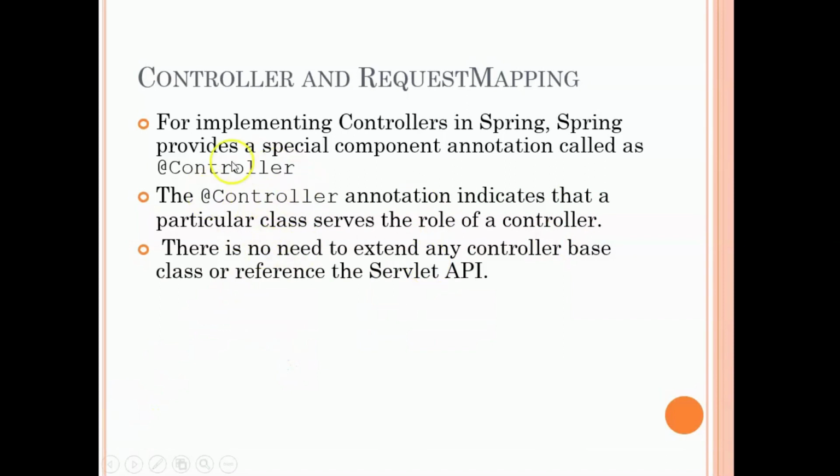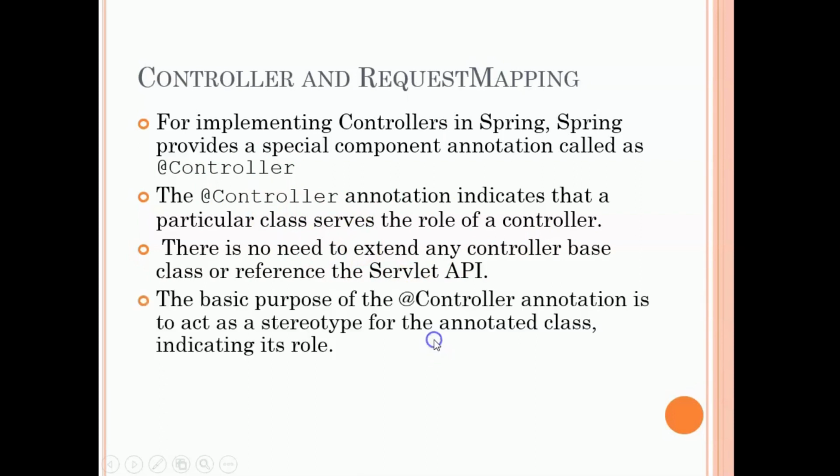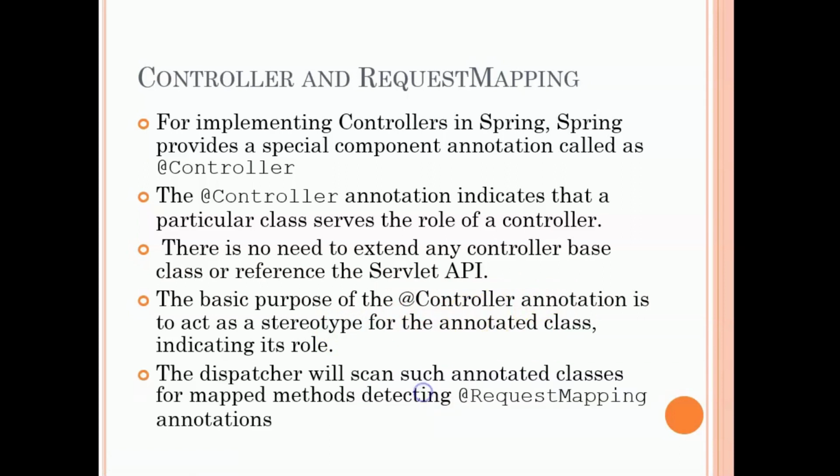Once you are using the controller annotation, you will not separately need to extend any controller base class or refer to any servlet API. The controller annotation will take care of making sure that the class behaves as a controller. The purpose of this annotation is only stereotyping and annotating our class so that the Spring container is aware that there is such a class which is going to behave as a controller for us.